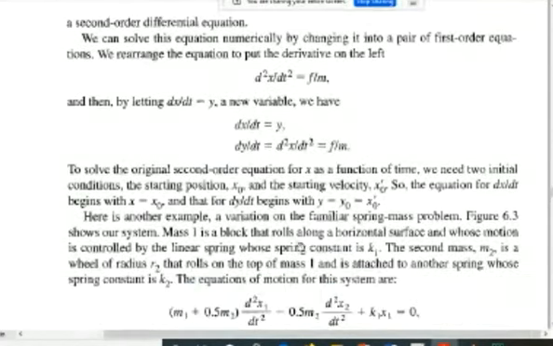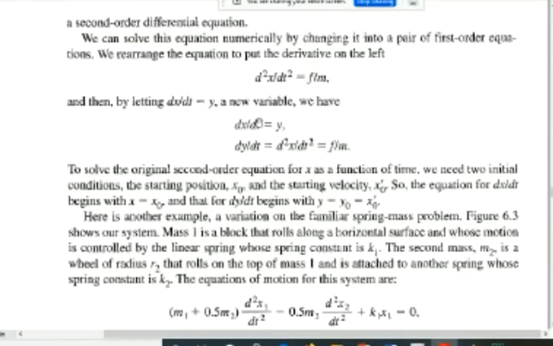This system of single order differential equations is much easier to solve numerically. To solve the original second order equation for x as a function of time, we need two initial conditions: the starting position x0 and the starting velocity.